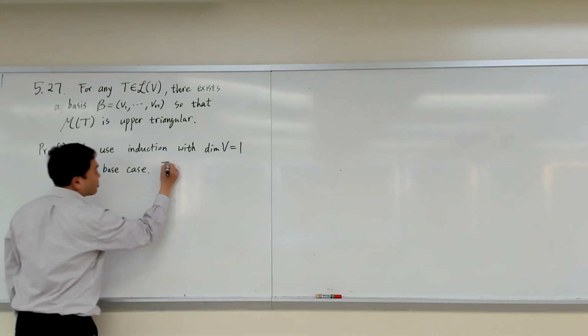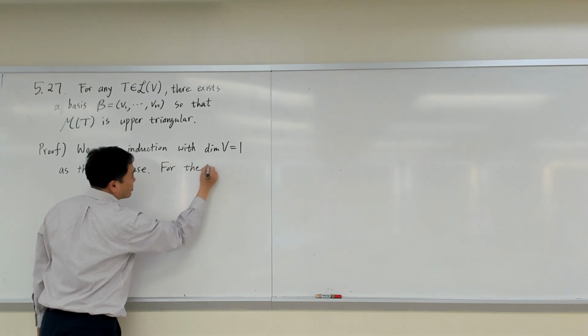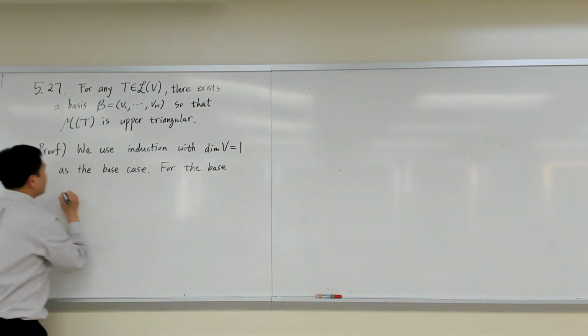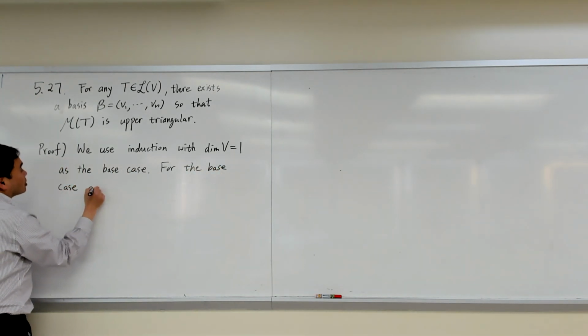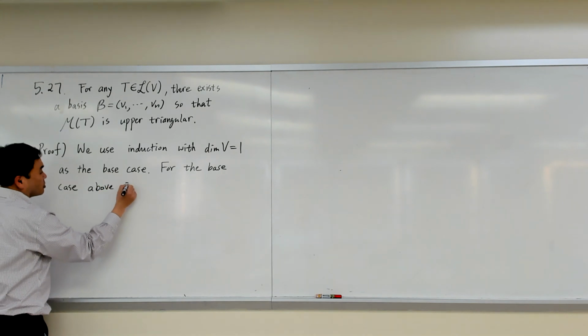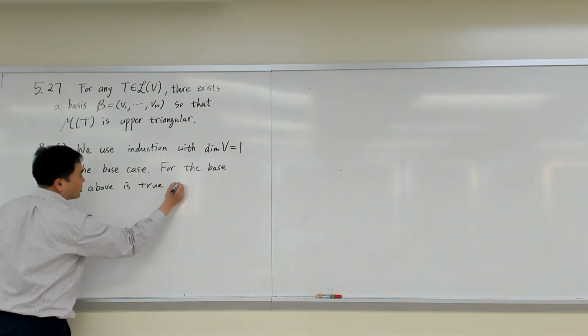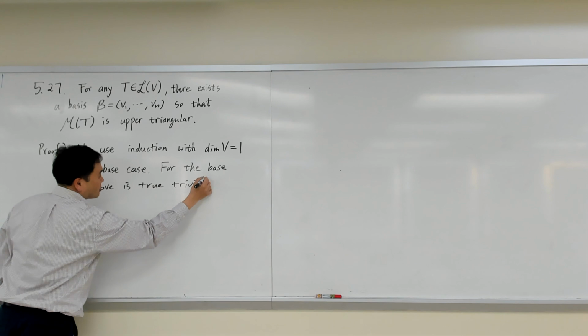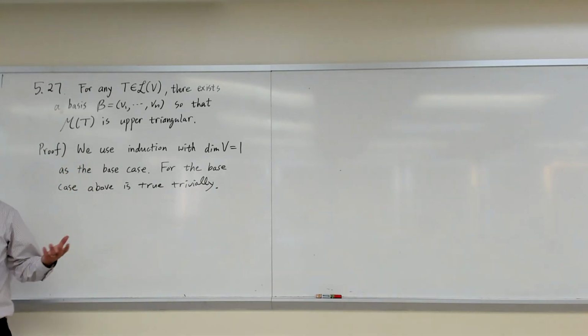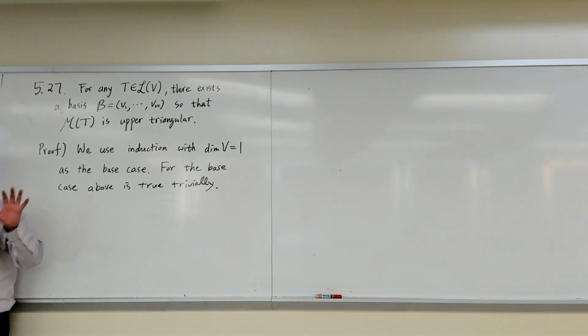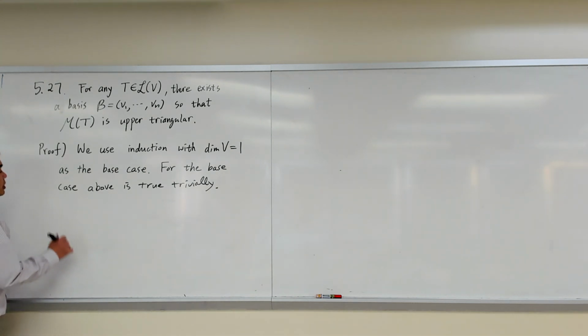So for the base case, the above is true trivially. Because if you have a one-dimensional vector space, then the matrix is 1 by 1. Any 1 by 1 matrix only has a diagonal element, so it's upper triangular. So it's true trivially.